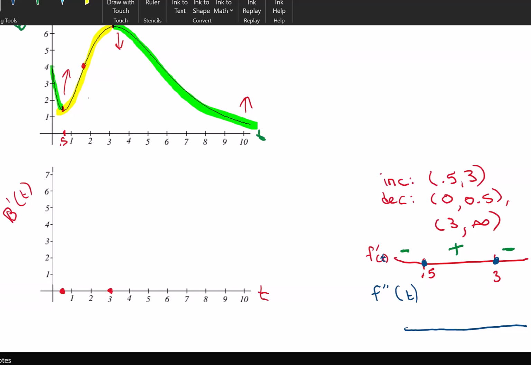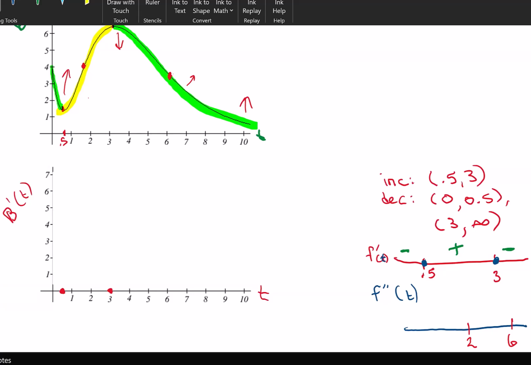So we're going to say at 2, we have a point of inflection, and let's say 6. That means right here, it's going to start being concave up.